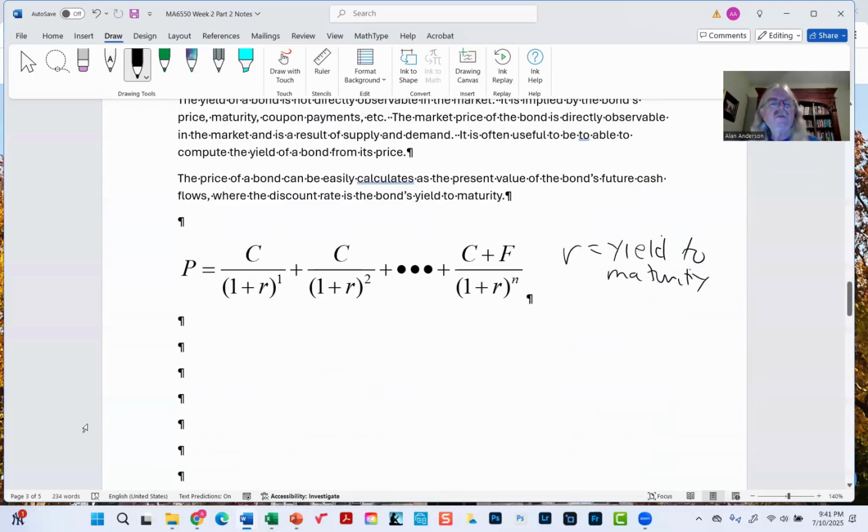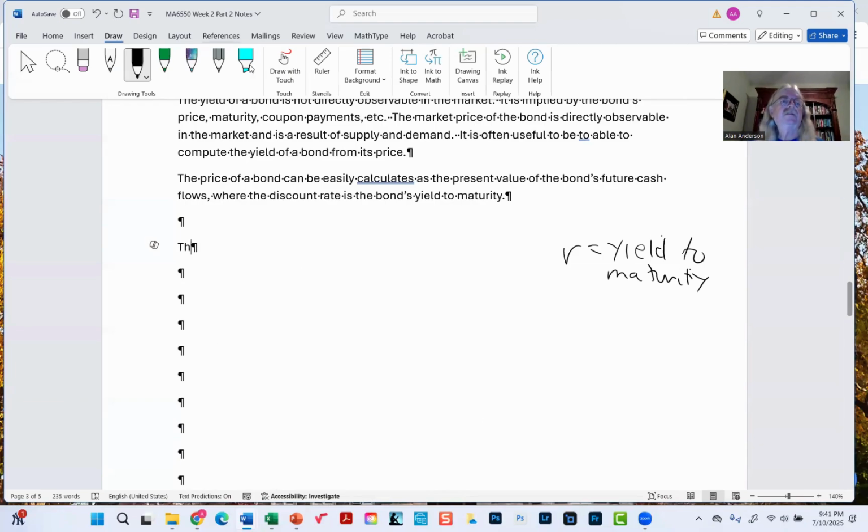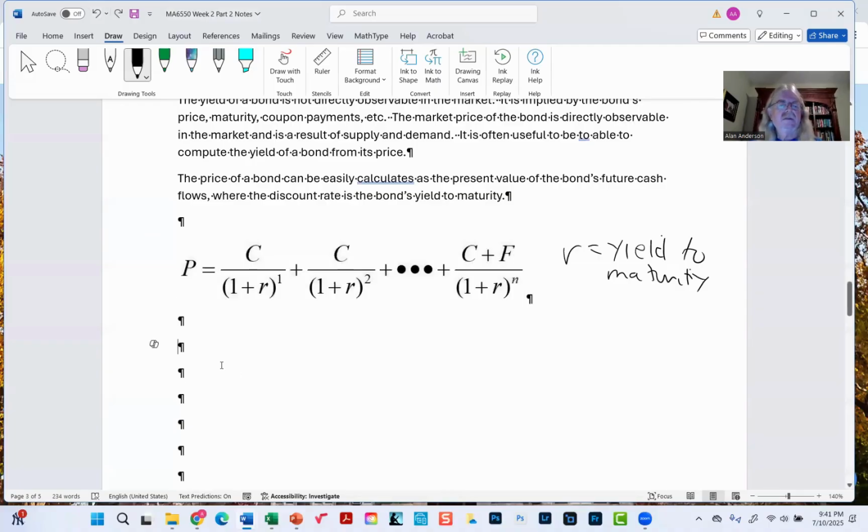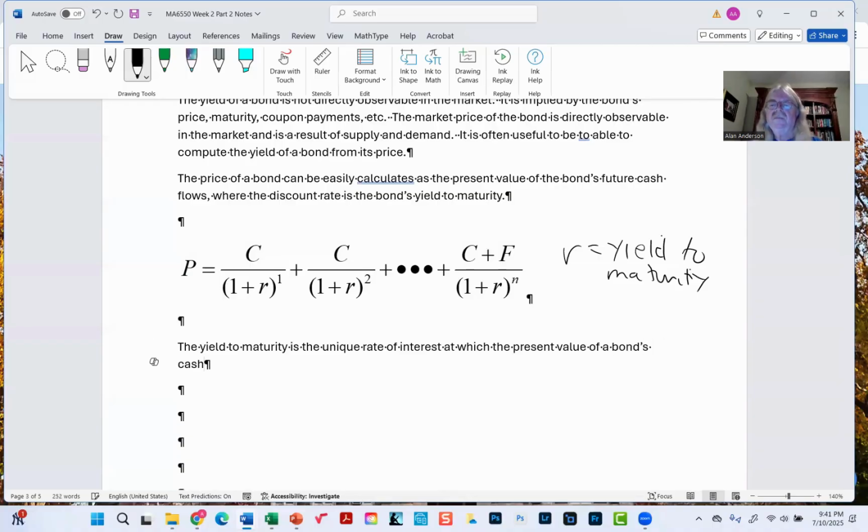And so finally, the yield to maturity is defined as the unique rate of interest at which the present value of a bond's cash flows equals the bond's market price. In other words, if R is too high, the bond's price will be too low, and vice versa.